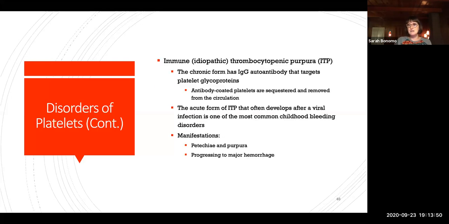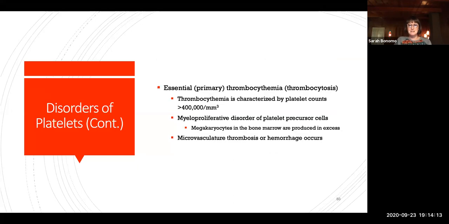So that's the IV immunoglobulin infusions to give the patient passive immunity, essentially to tell the body, knock it off. This is self. You shouldn't destroy it. The problem with that is it's short-lived, and these patients usually have to go monthly for infusions of IVIG. But it's treatable, which is great.